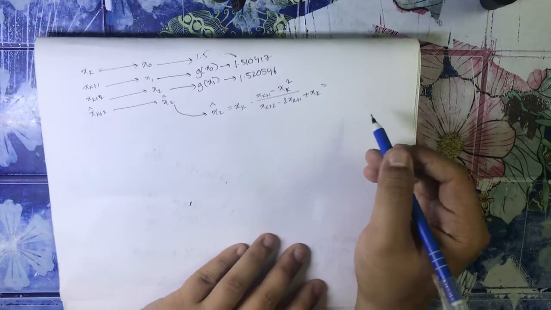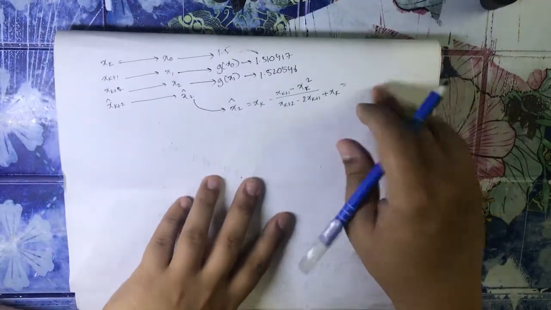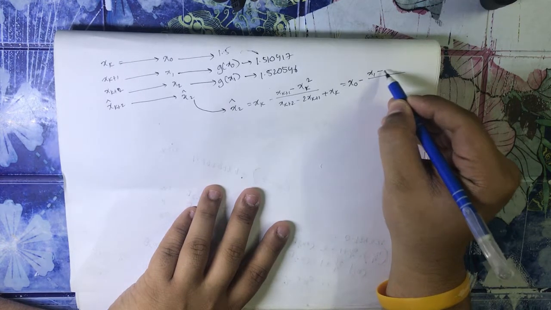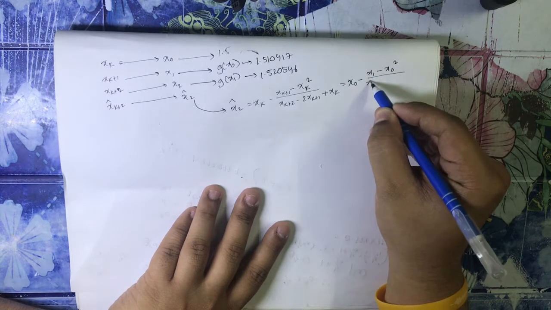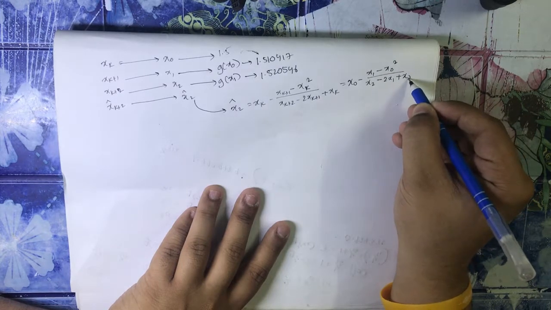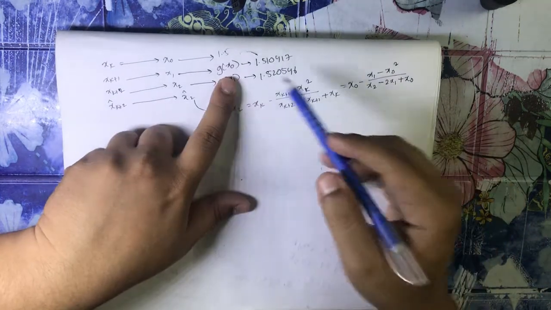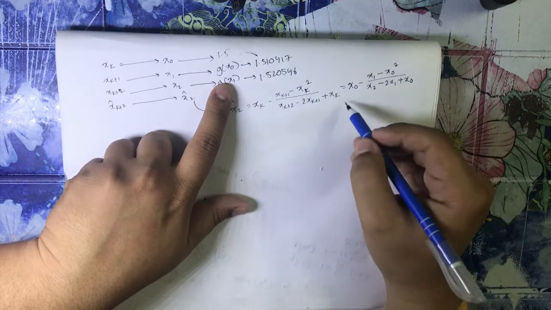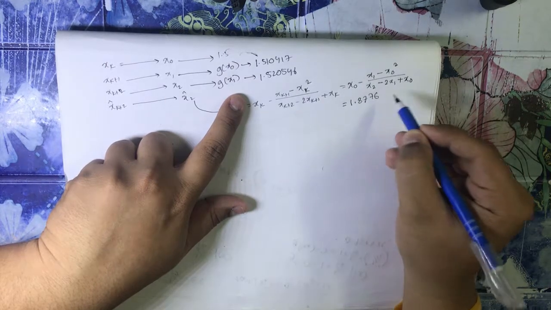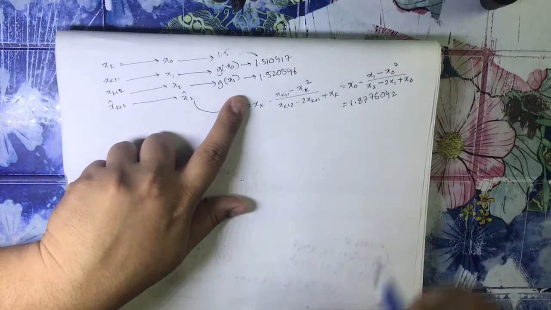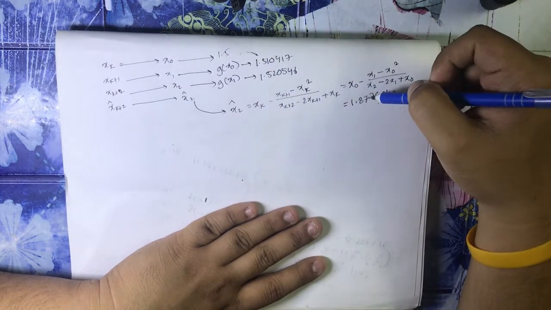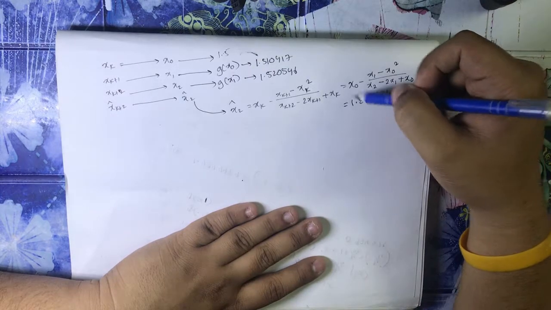That is basically x0 minus x1 minus x0 square divided by x2 minus 2 into x1 plus x0. So just using these 3 values, you can calculate this. This comes out as 1.877642.